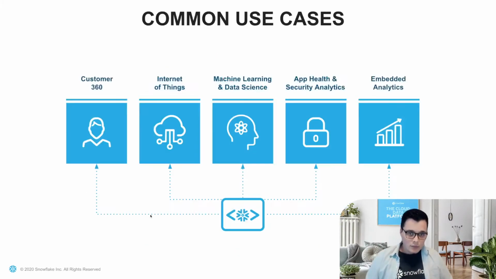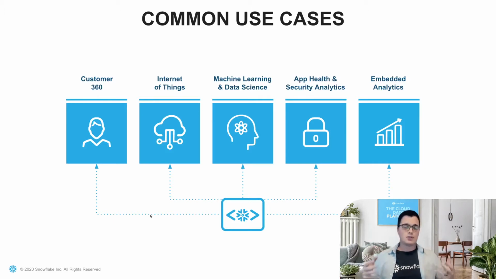Now, it's important to know some of the common use cases that run across data apps. So for example, Customer 360. That's the idea of knowing the customers that are coming to either your application or to your store, things like that. Internet of Things, right?